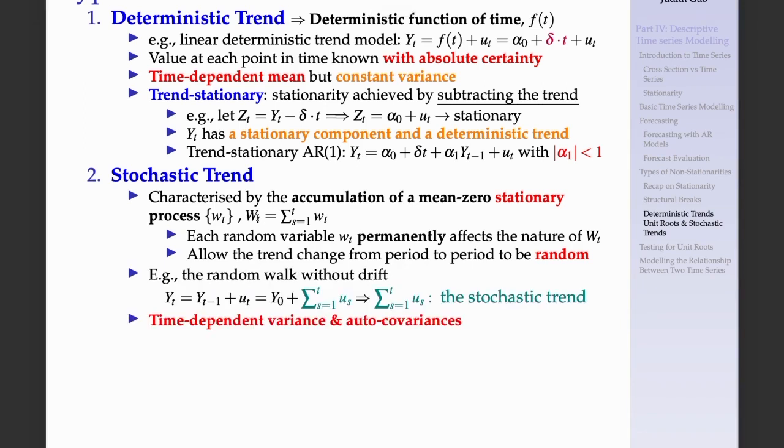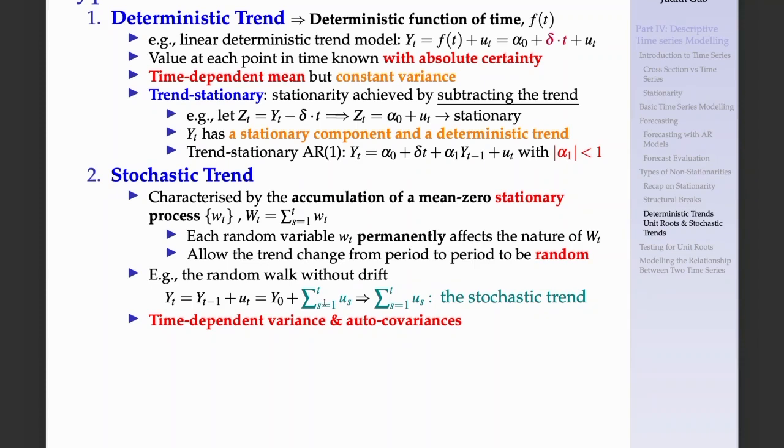A very typical example of a model with stochastic trend is the random walk without drift. Remember, we can write the random walk model, where we have the AR1 without the intercept and the autoregressive coefficient alpha 1 being 1. This can be written as the sum of all the shocks from time 1 up to time t, okay?